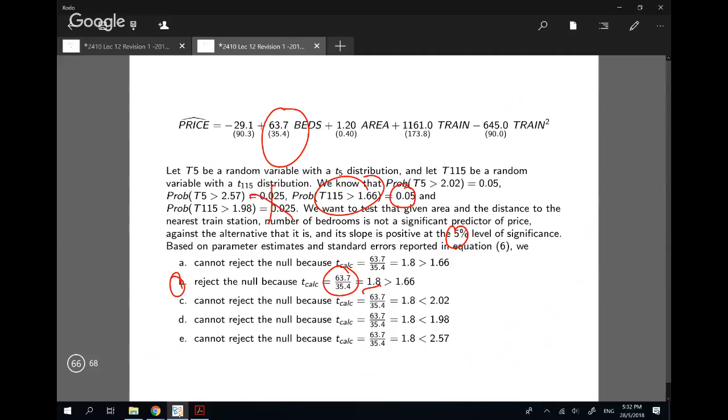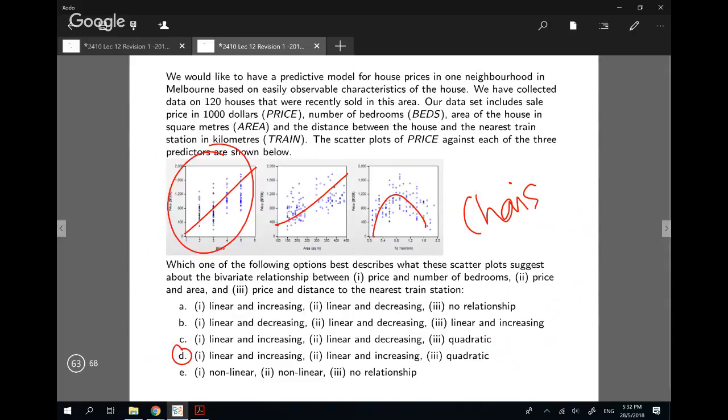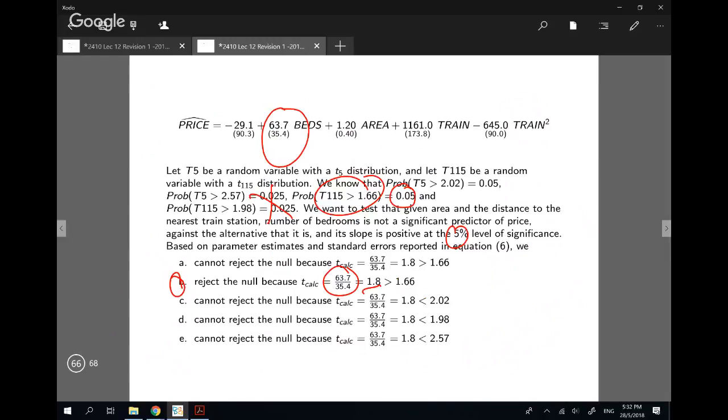So between these two, you have degrees of freedom 115 and degrees of freedom 5. So obviously it's 115. Where do you get 115? What's the n? N is 120. Okay, 120 minus k, 1, 2, 3, 4, minus 1, so 5.